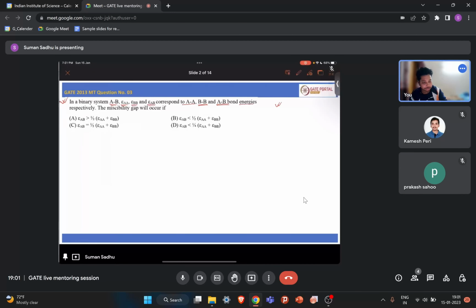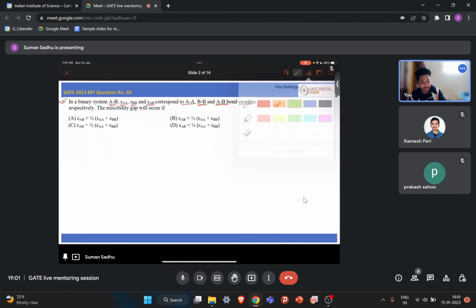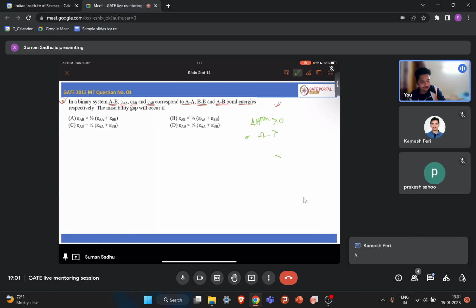As we have already discussed, miscibility will occur when delta H mix is greater than 0, or omega is greater than 0. Omega greater than 0 means what? Do you remember the value of omega? It was Na into Z into epsilon AB minus half of epsilon AA plus epsilon BB.